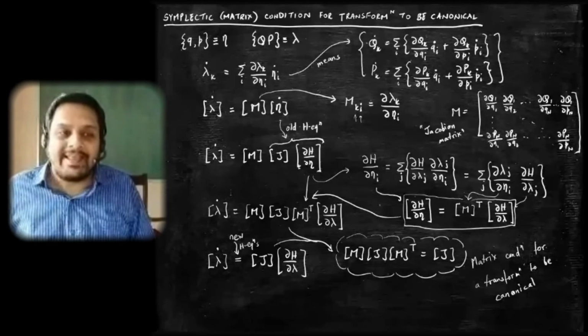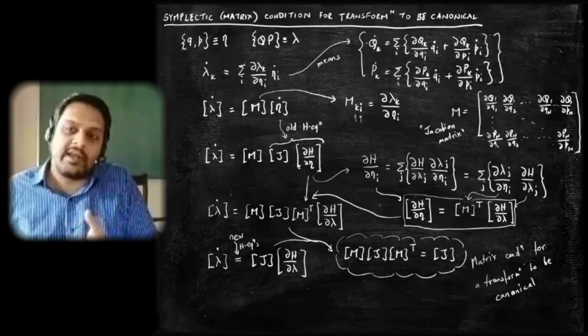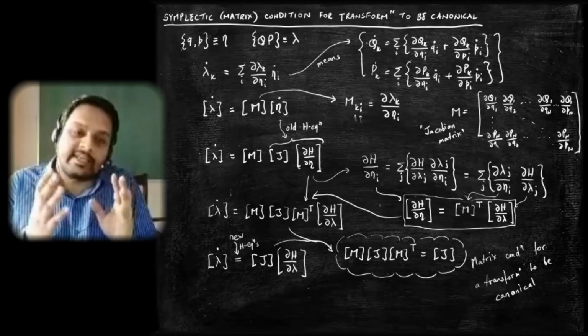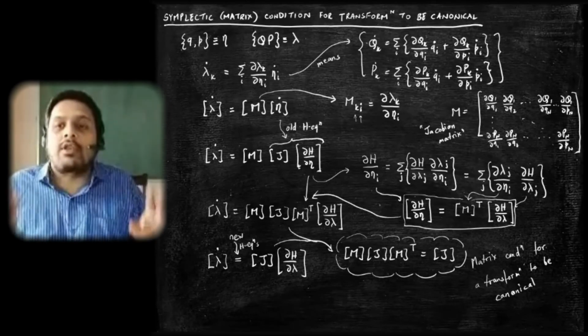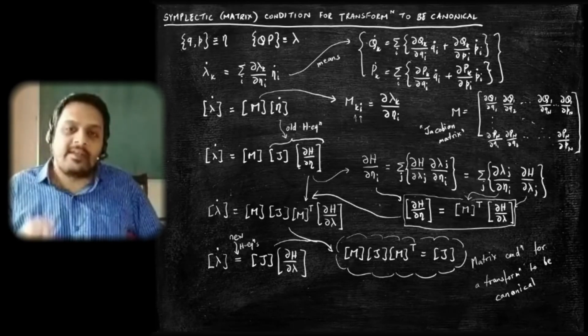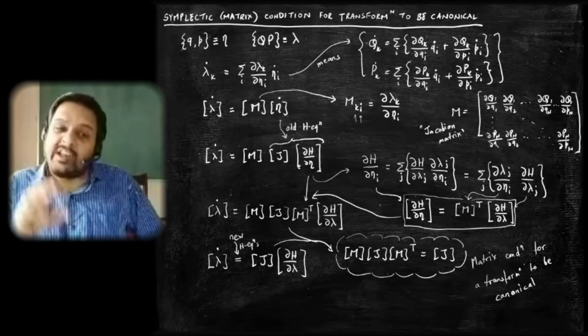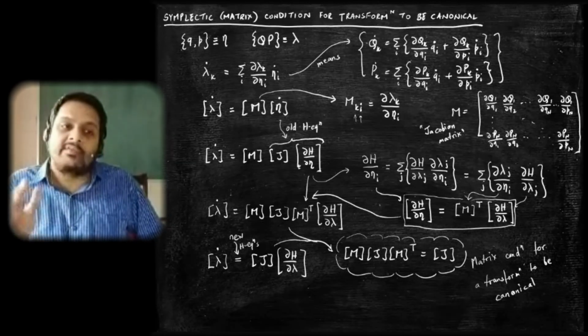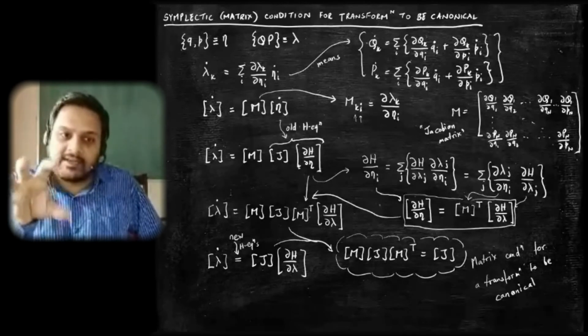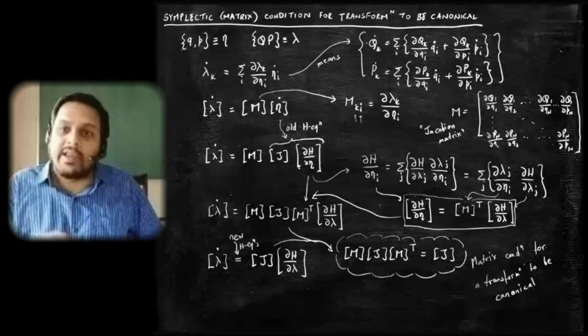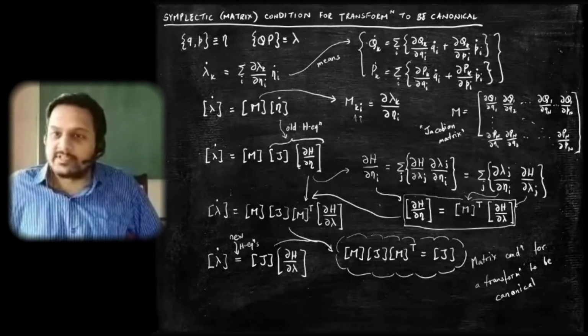Okay. So any arbitrary function of Q's and P's need not necessarily obey Hamilton's equations at all. Only when the capital Q, capital P satisfy certain specific conditions, only then the new Hamiltonian will start making sense as a physical object, which will actually give you information about the system.